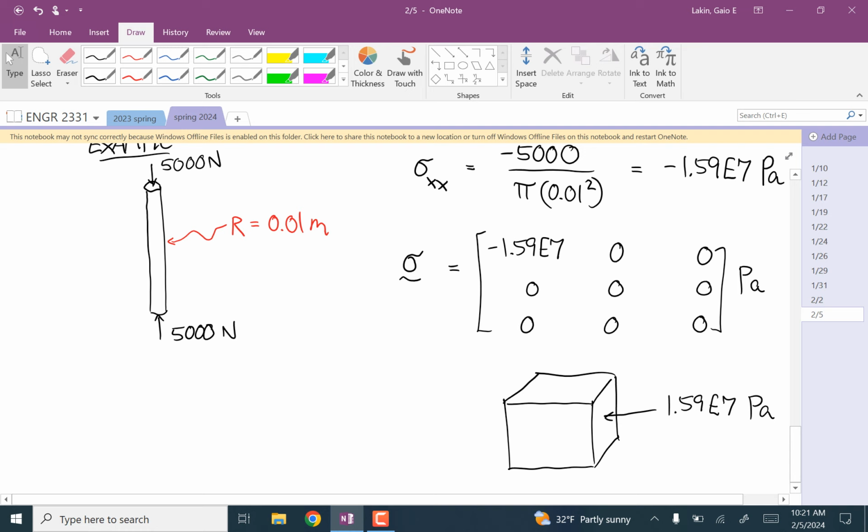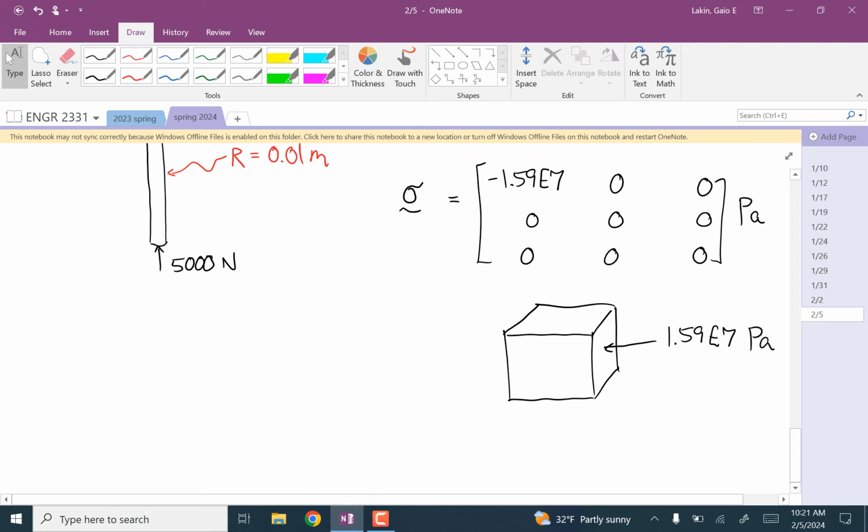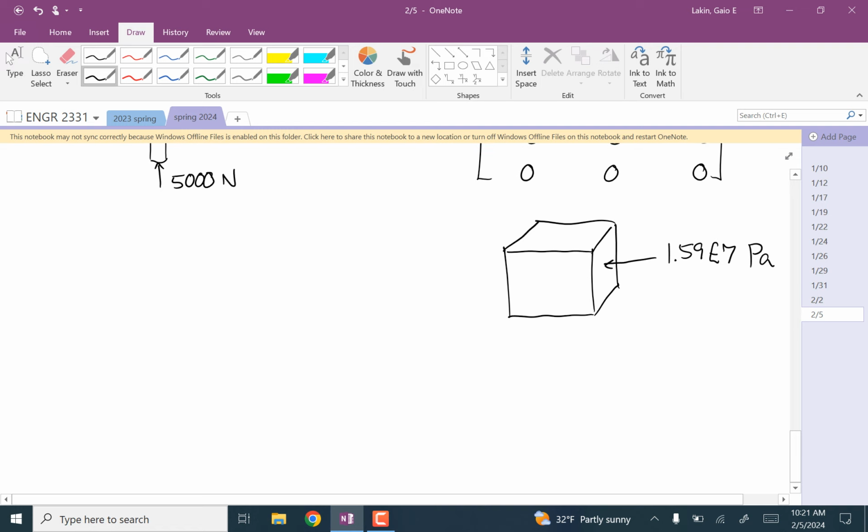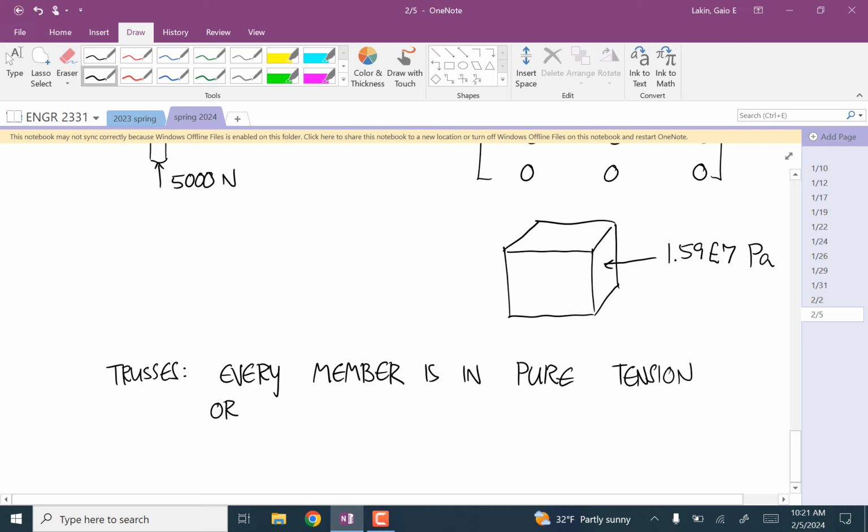Okay, so let's talk about trusses a little bit. Just to remind you, for the people who took statics from me, we didn't really focus on trusses much. So let's talk about the calculation of trusses and determining stresses and strains in the members of trusses. Trusses have every member in pure tension or compression.